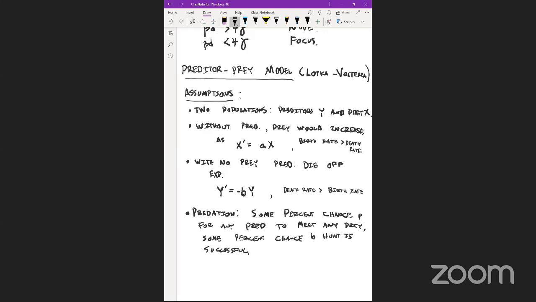And that has some impact on the population, and that increases the predator birth rate by some amount.